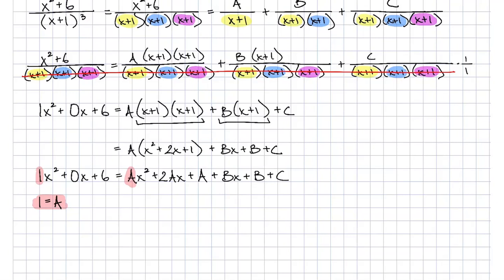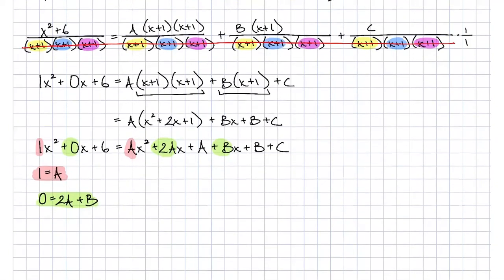Let's see what terms have an x. 0 equals 2a plus b. So 0 equals 2a plus b are all the terms that have an x in them.